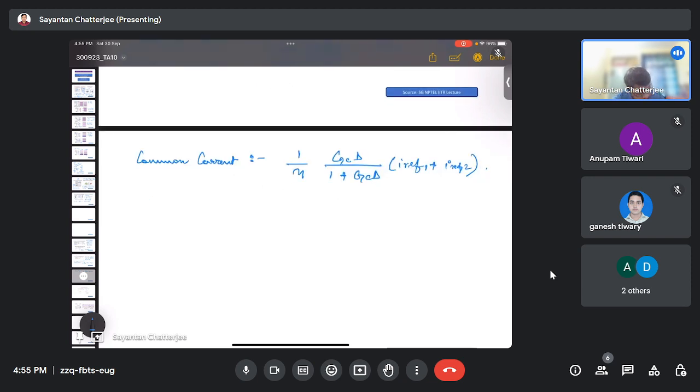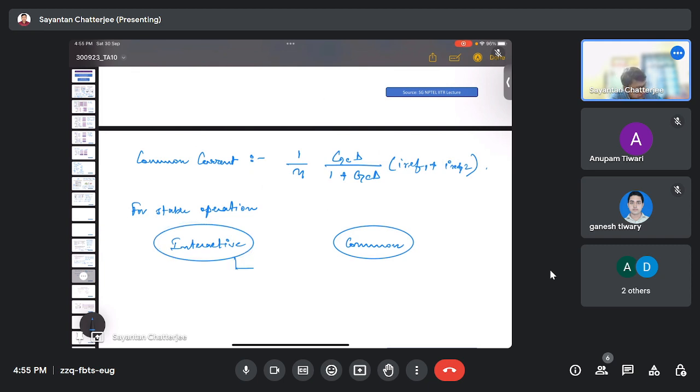So based on that, for stable operation, this interactive current as well as the common current, both of them should not have poles on the right half.